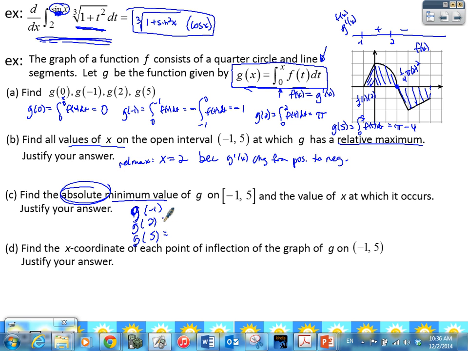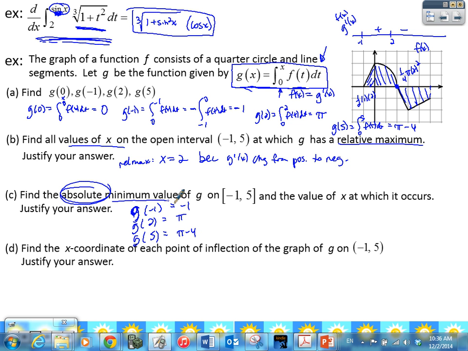Now, if they were nice to us in part A, they had us find most of that. Were they nice? Yeah, they were kind of nice. So g of -1 is -1. g of 2 is pi. And g of 5 is pi minus 4. All right, those are our candidates. And our minimum is going to be, yep, -1.